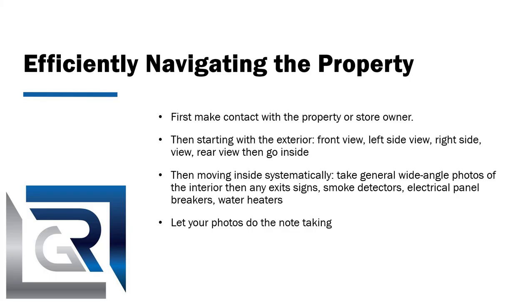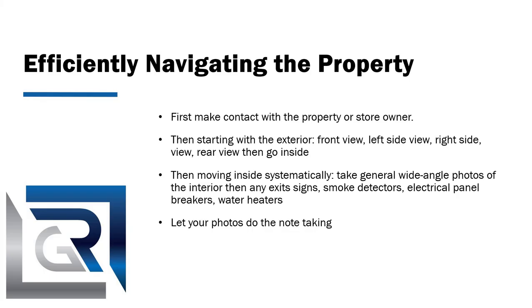On a typical inspection, once I make contact with them, I'll go out to the street side, take a street view left, take a street view right, and then turn about face and face the house, take a full frontal view. Then I'll step to the left and take a full frontal left view. I do it to the right side, take a full right side view.